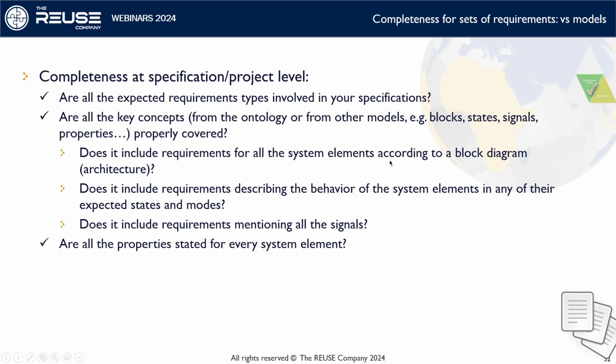Are all the system elements defined in the requirements? Are all the behavior and activities defined in the expected state and mode? Do we have all the messages, signals? Are the relationships all mentioned? So anything related to the coverage of concepts will be falling down into this category.